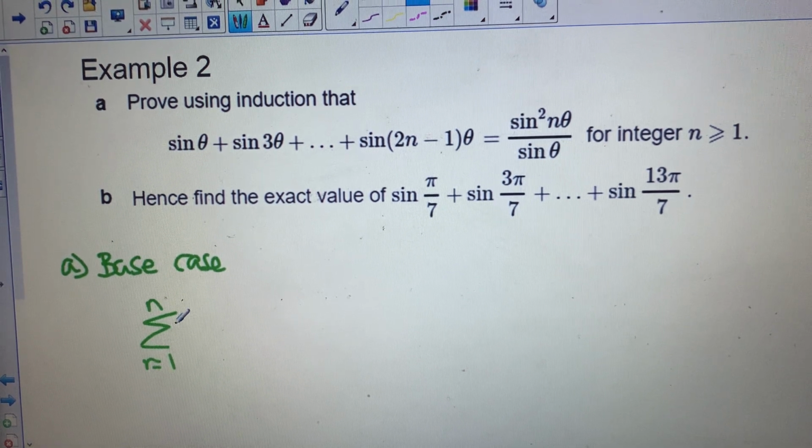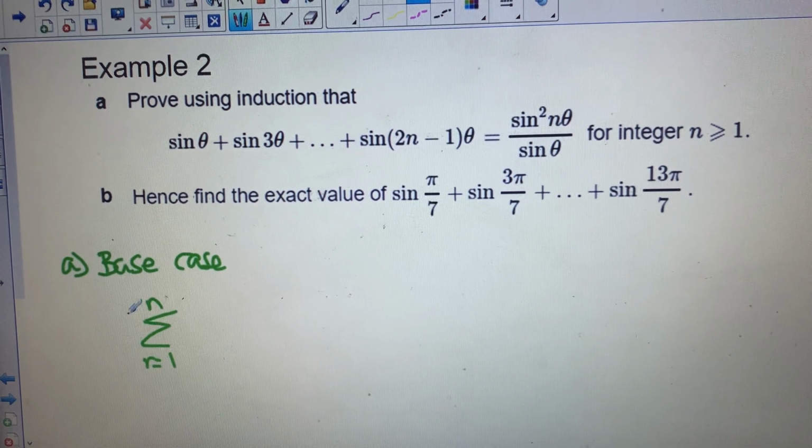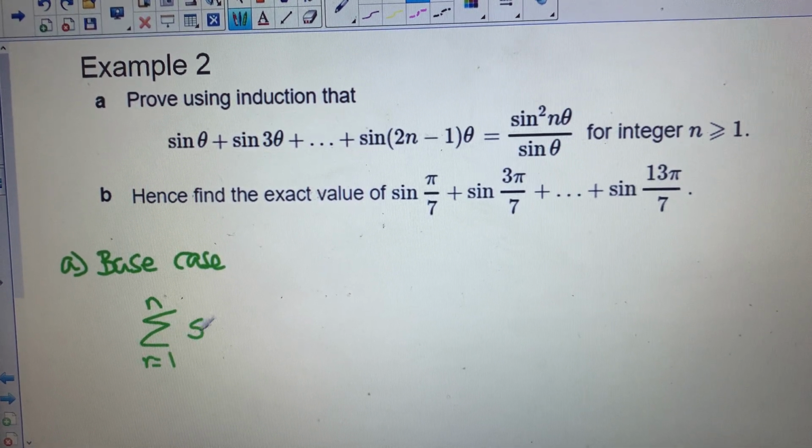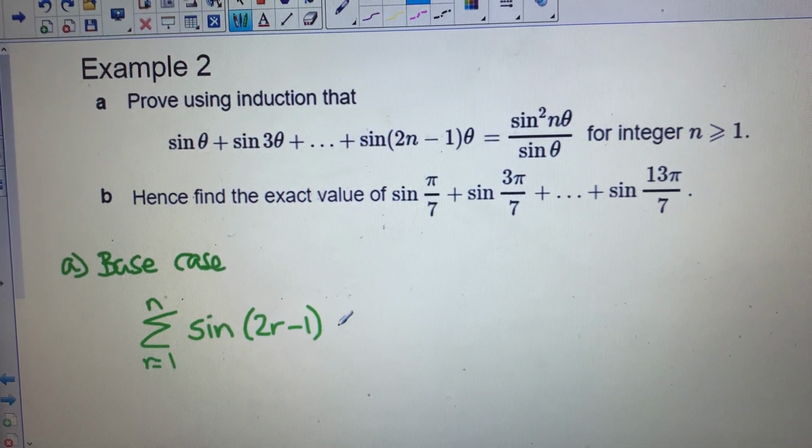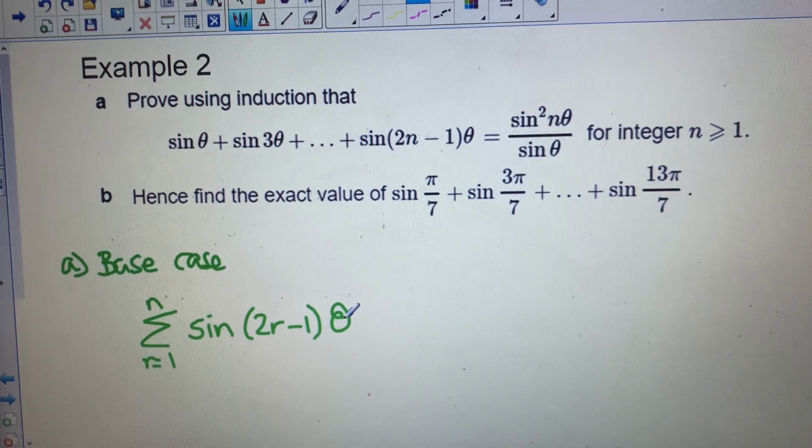And you can see that we have got the sine. If I look at my general term, it's sine of (2r minus 1) theta. And my base case is going to be when n equals 1.